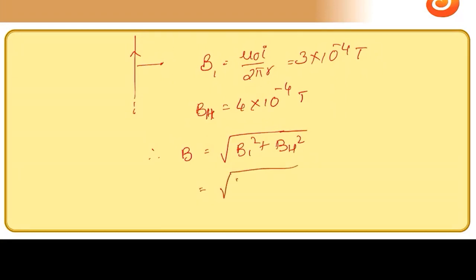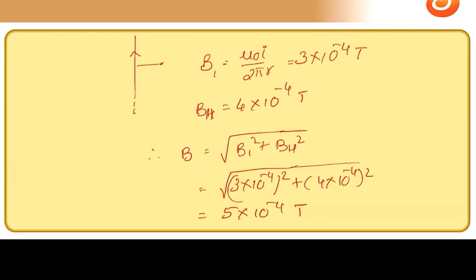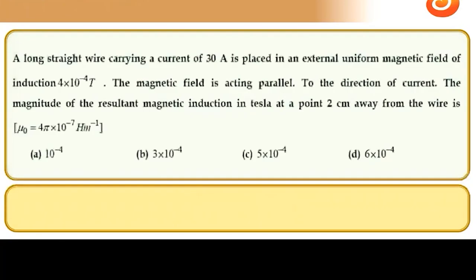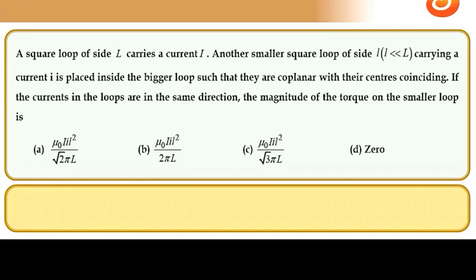So square root of 3 into 10 to the power of minus 4 whole square plus 4 into 10 to the power of minus 4 whole square, which is equal to 5 into 10 to the power of minus 4 Tesla. So the magnetic field at that point is 5 into 10 to the power of minus 4 Tesla. C is the correct choice. Example 3.